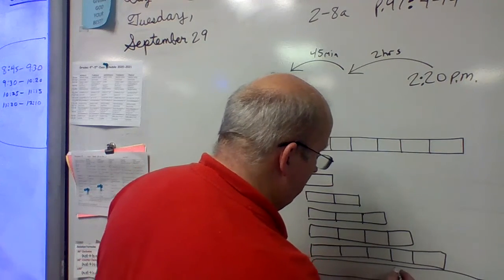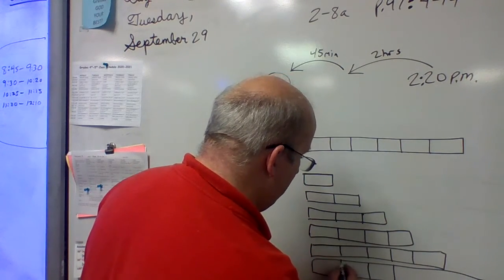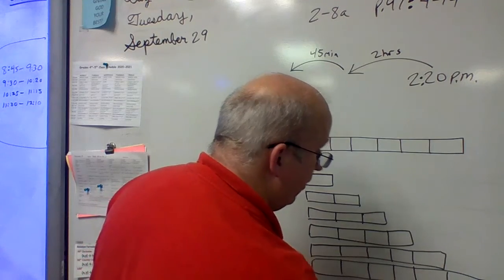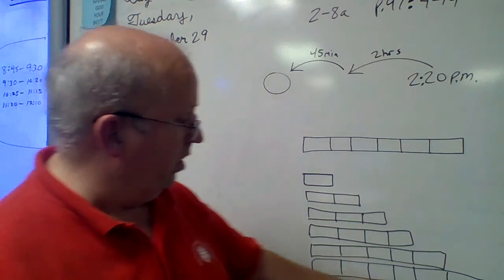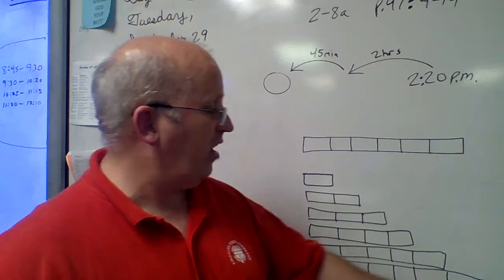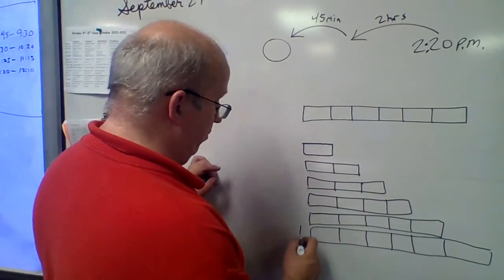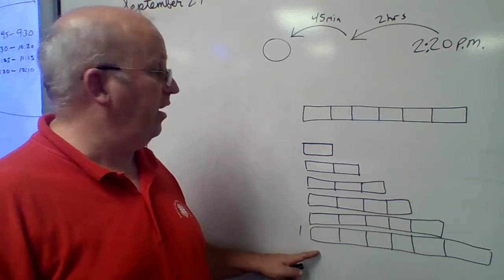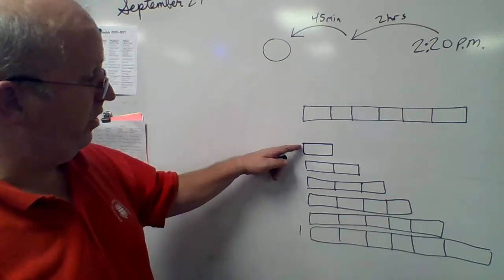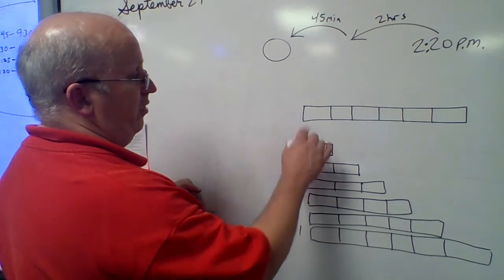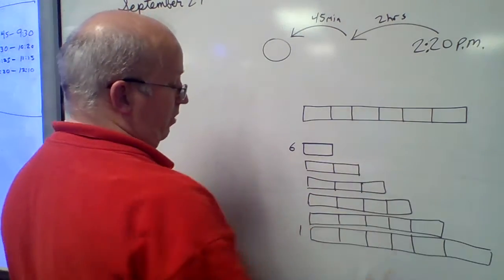Well, I'm going to do maybe some of these, but I'm not going to do all of them. How many of them are there that are 6 blocks in size? Well, that's pretty easy, I think. There's just one of them that's 6 blocks in size. How many of them are that are this size? Well, there's 6 of those. 1, 2, 3, 4, 5, 6, right?